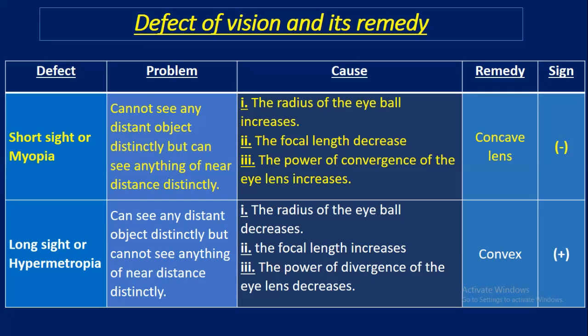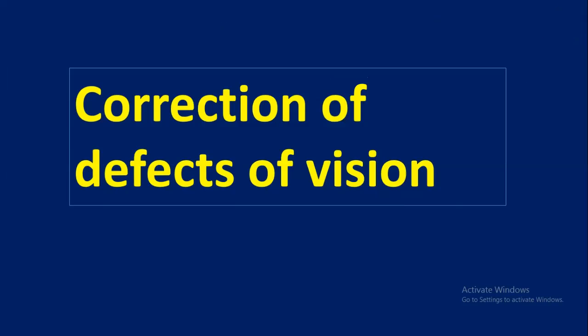The cause of the problem is that the radius of the eyeball is decreased, the focal length increases, and the power of convergence of the eye lens decreases. For the remedy we use a convex lens, and the sign of the convex lens is positive. This is all the information on defects of vision and their correction.